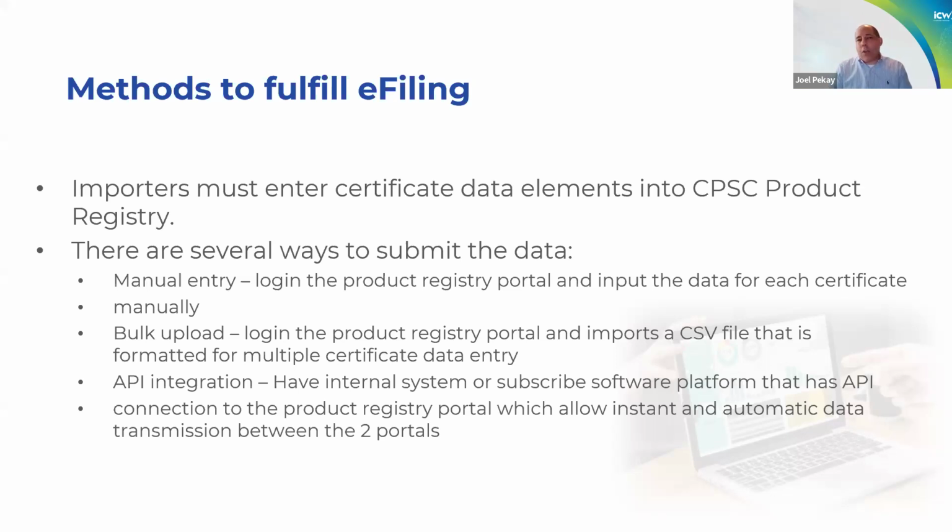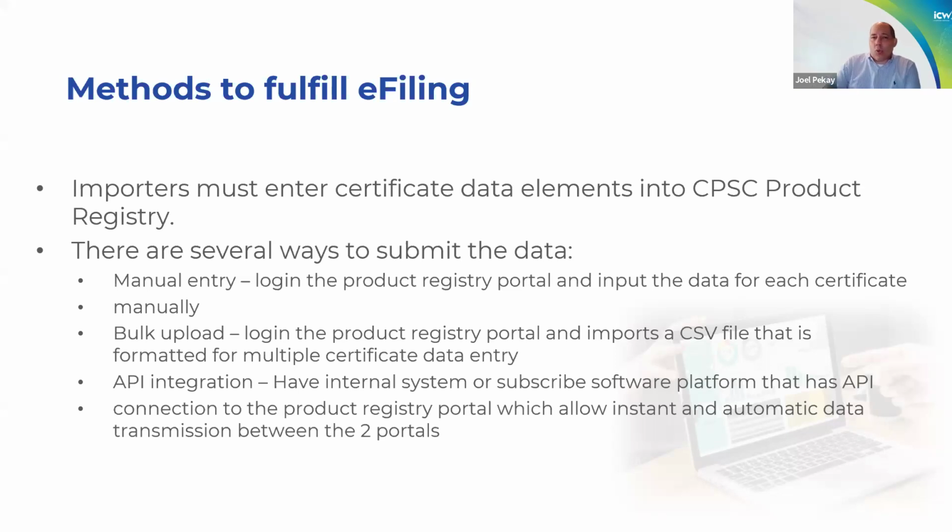You can create a file in an XML format that conforms to the CPSC schema that they've shared and do a bulk upload. Or you can work with a platform and build an API or a data bridge from your platform into the system. So an example, ICW has the API integration providing the connection.